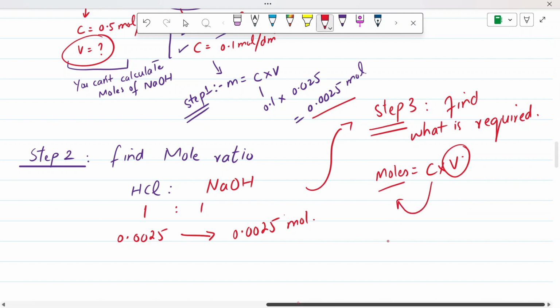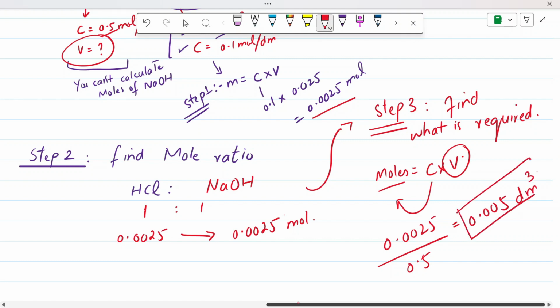So we have 0.0025 divided by the concentration, which is 0.5. And what is the answer? That is 0.005 cubic decimeter. So if the examiner asks you to give your answer in cubic centimeter, then what?